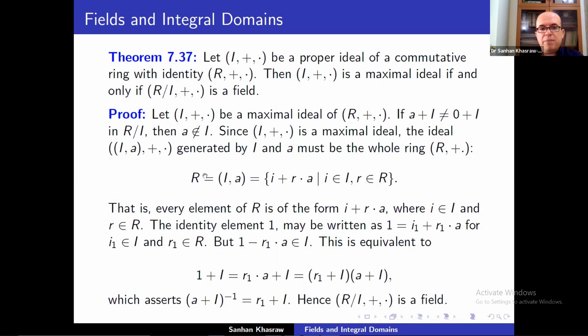So the elements of R have the form I plus R times A, because as I mentioned before, the elements of the ideal generated by A are the multiples of A by the elements of the ring R. And this I is in I. So every element in R is of this form, I plus R dot A.